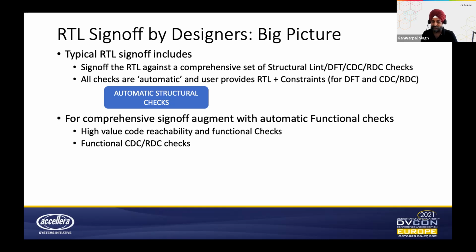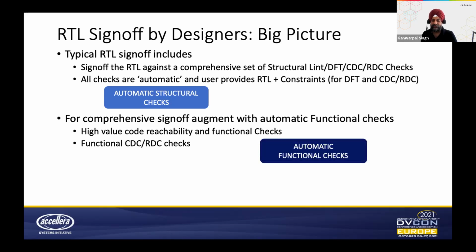That is what we have seen and experienced, and it's also the feedback we have got from various customers. What this means is that you need to augment your checks with high value code reachability and functional checks, and also the functional CDC and RDC to augment the CDC RDC checking. Let's call this automatic functional checks.